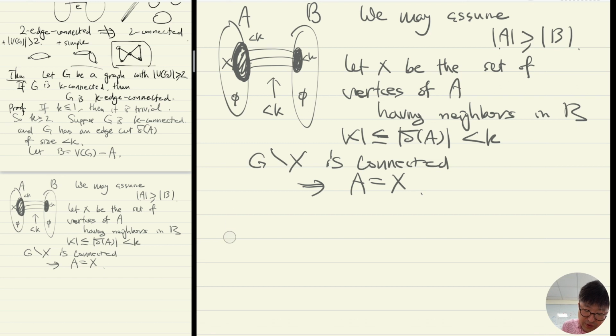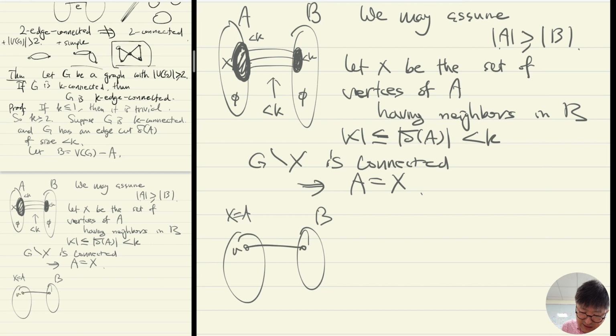Now, what we do is the following. So here's a vertex in X, which is now equal to A and B. Now, what happens if there is a vertex V having only one neighbor?